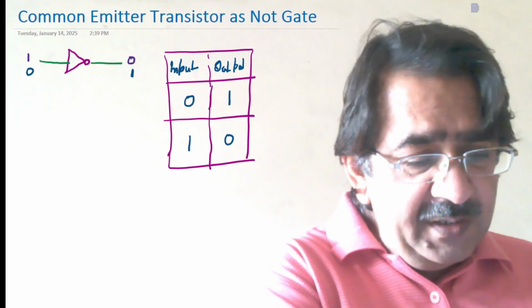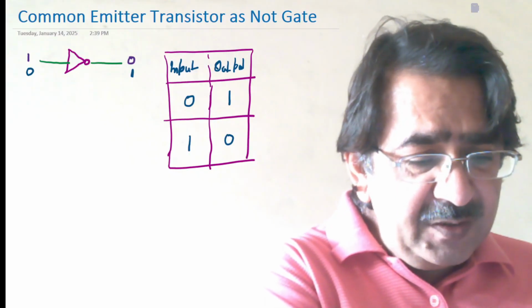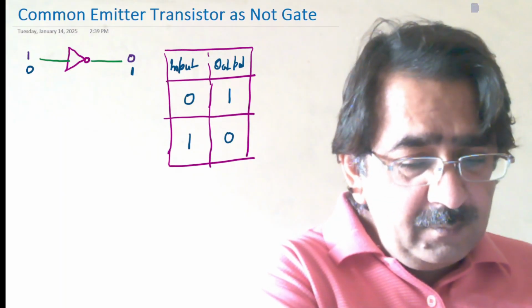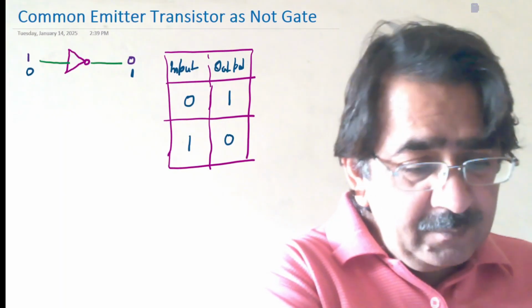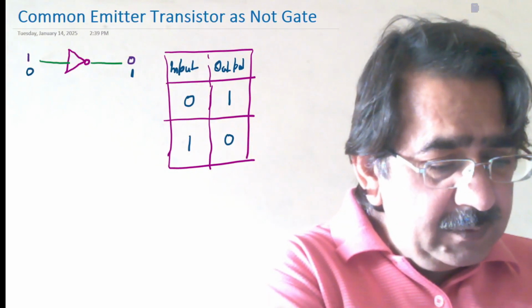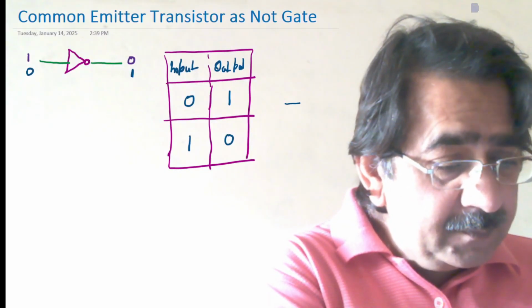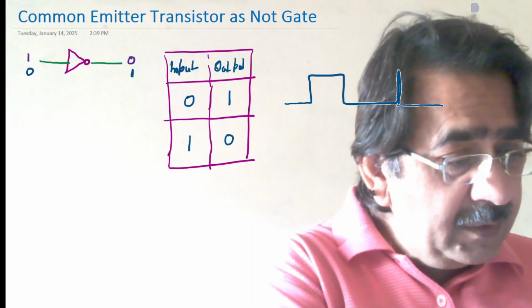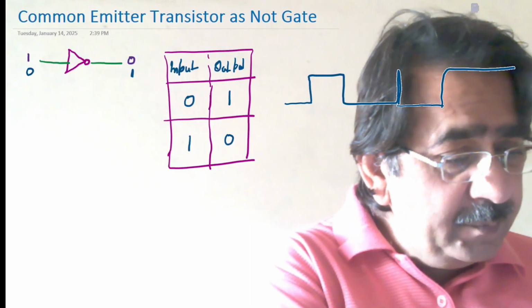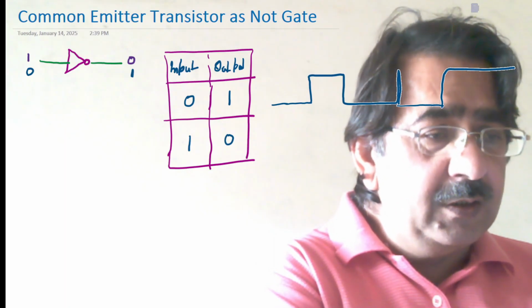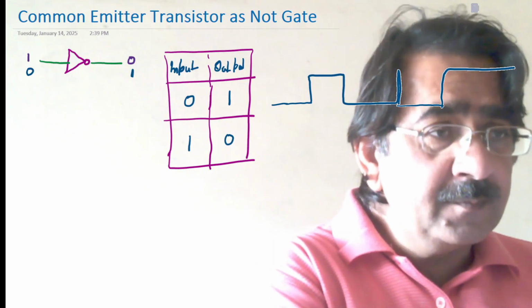Now I will explain how the common emitter transistor will perform as a NOT gate. This is the input signal entering into the NOT gate.